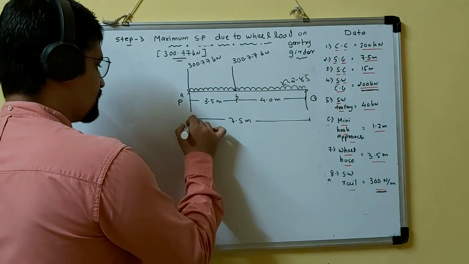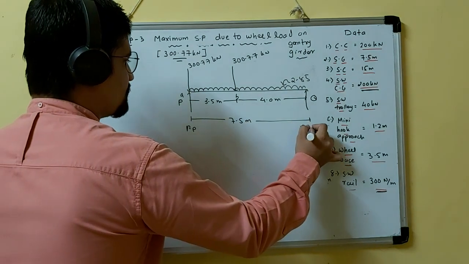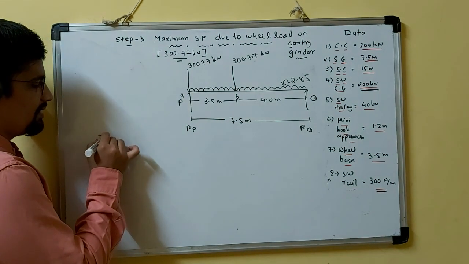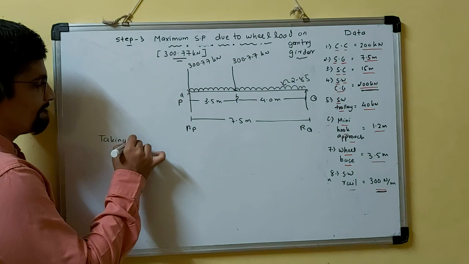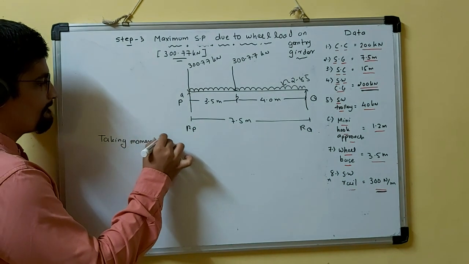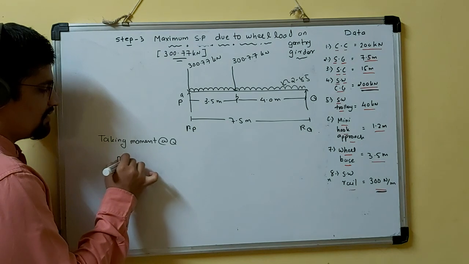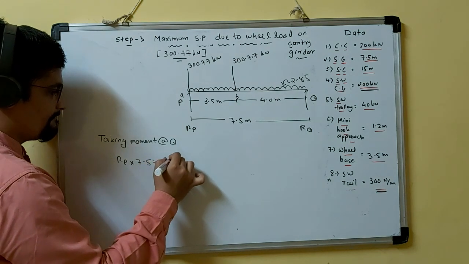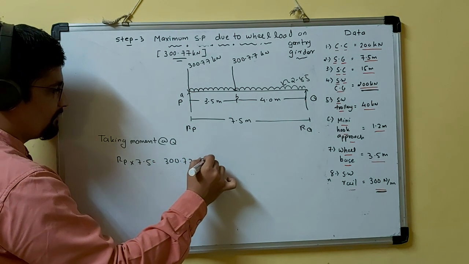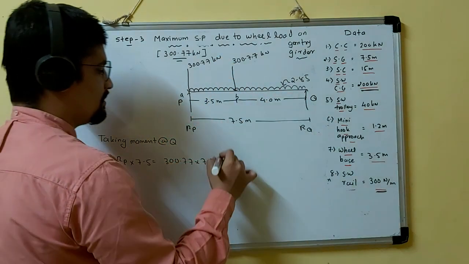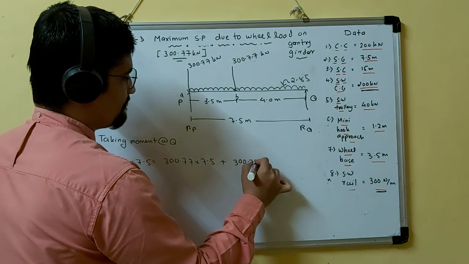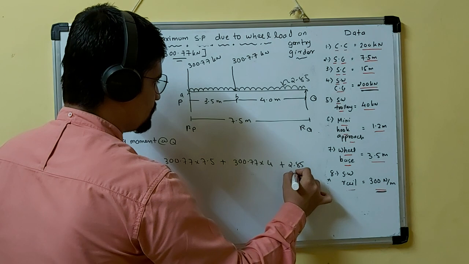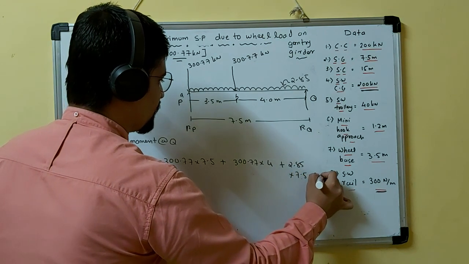So on the basis of the statement, the P will be maximum. If we know that RP will be maximum, then why not we calculate RP directly? So for calculating RP, taking moment at Q, RP into 7.5 is equal to 300.77 into 7.5 plus 300.77 into 4 meter plus 2.85 into 7.5 into 7.5 by 2.